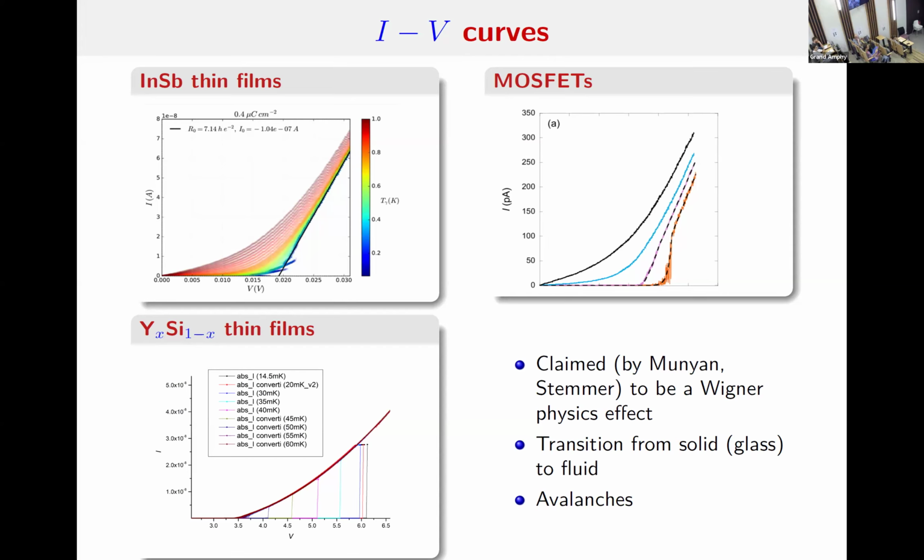Near the ground state, you have some kind of solid or glass, probably a Coulomb glass, an electron glass. And when you apply enough voltage, you have avalanches, and then these avalanches produce a liquid. So the voltage is enough. This is liquid, fluid-like, and then you have this linear behavior.